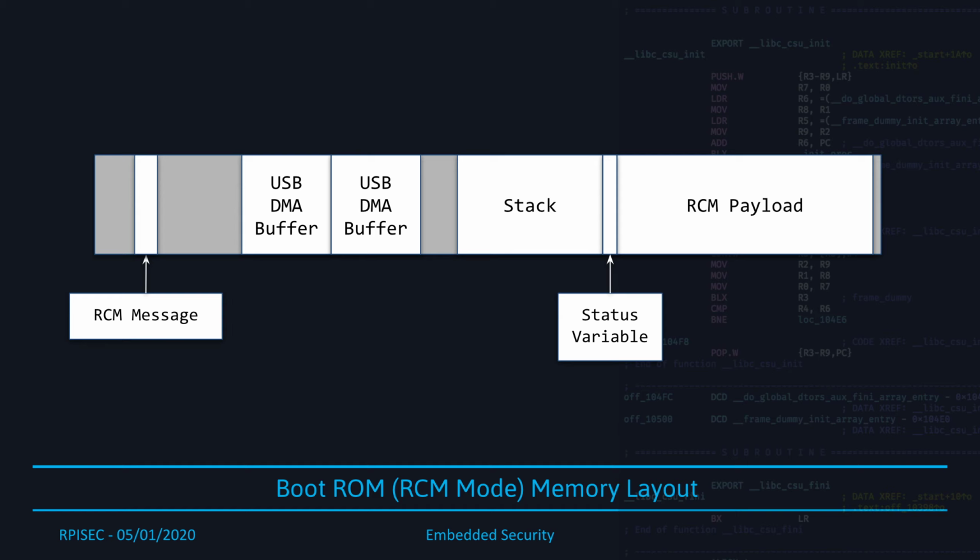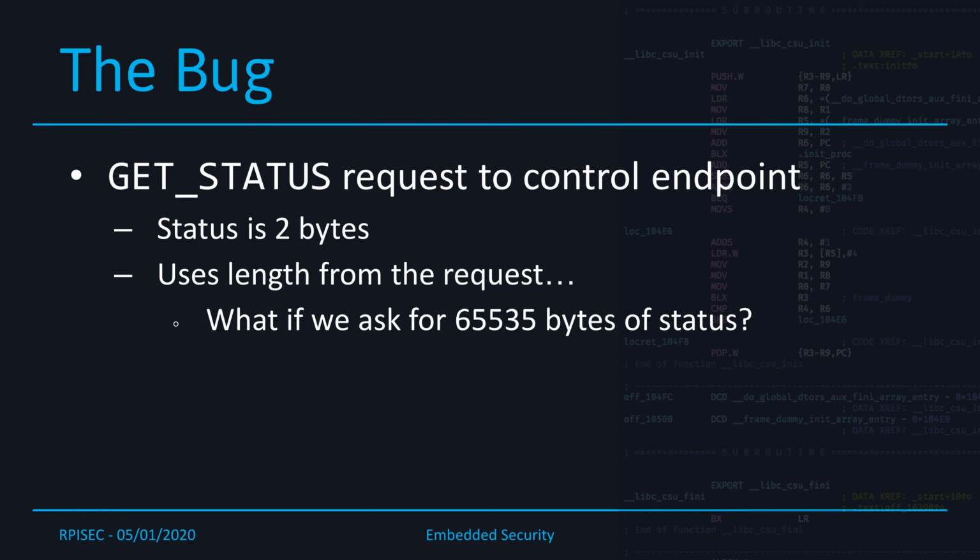If you send a USB control packet that asks what is the status of the USB device, the switch's USB device, this is where that's stored. And then you have your payload, which is in RAM right after the stack. So this is where the bulk endpoint will be writing the payload.